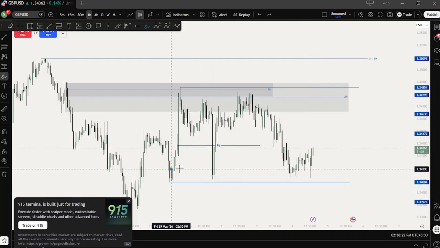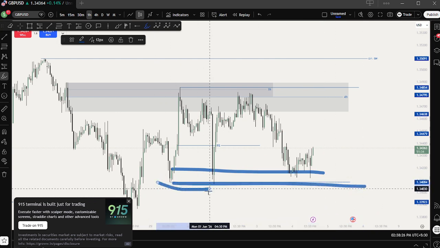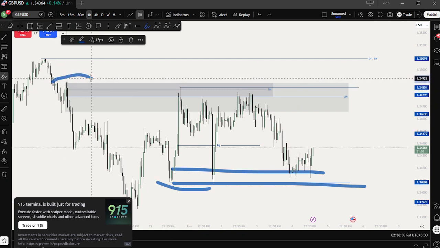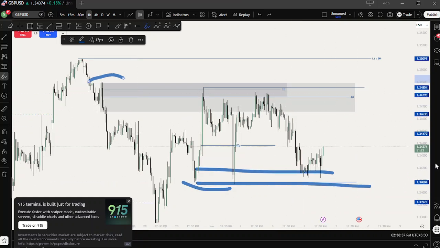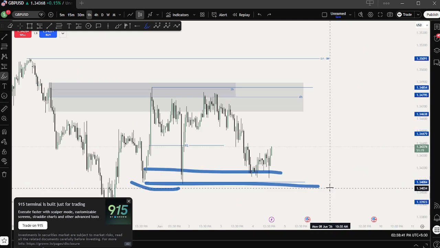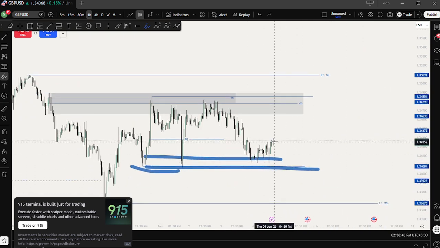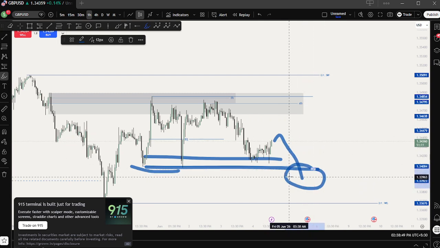Because from below at this point buyers are putting pressure, not wanting this level to break, and from above we have this solid POI whose goal is to violate the L1 week low. So to do that the price needs to violate this area or this level which buyers are trying to protect.